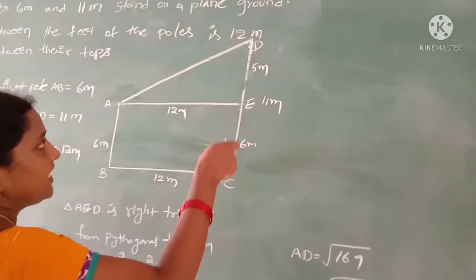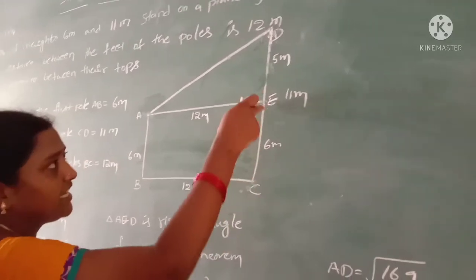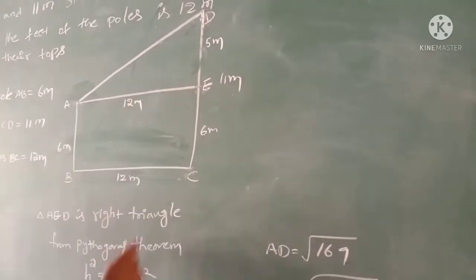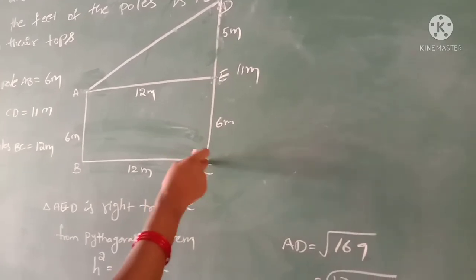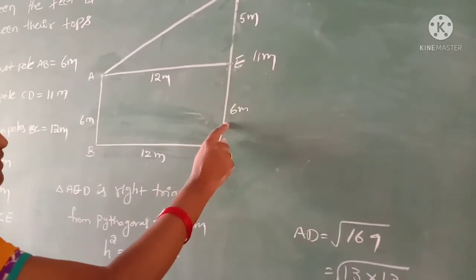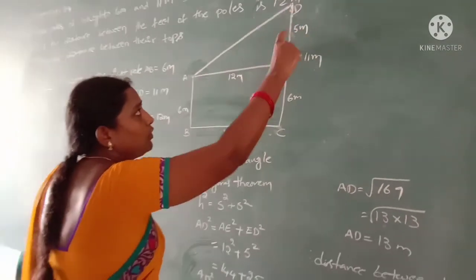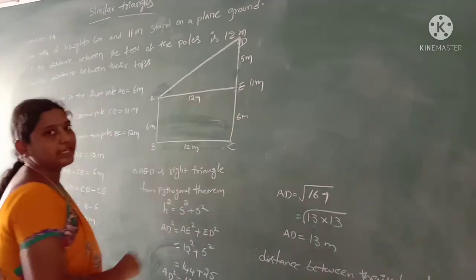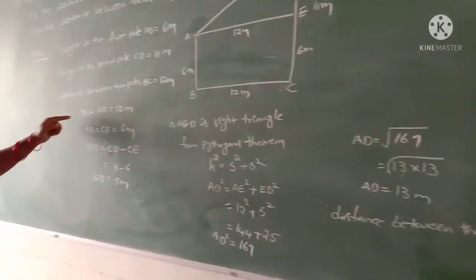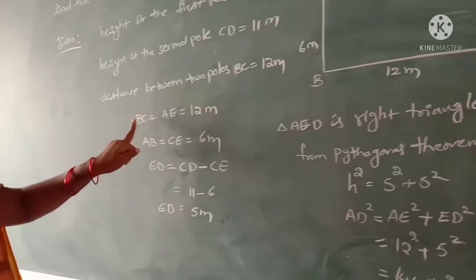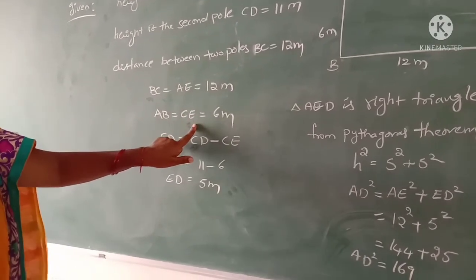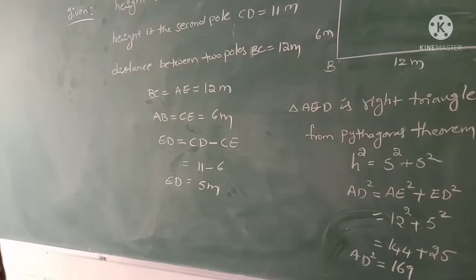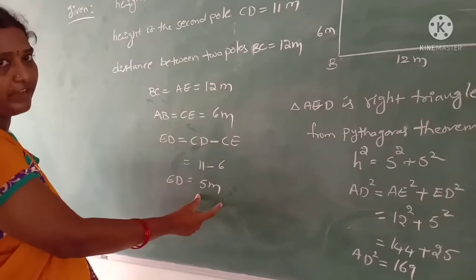So CD minus CE we get ED value. Total length 11 meters, this value 6 meters, and this value 11 minus 6, 5 meters. So AE value 12 meters, AB equal to CE value 6 meters, and ED value 5 meters.